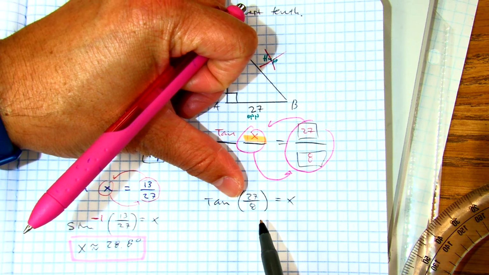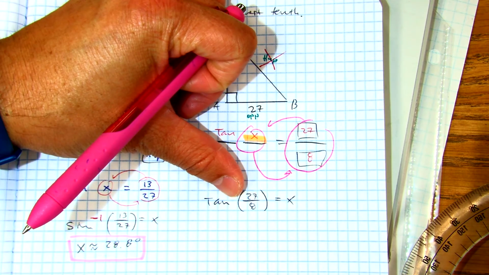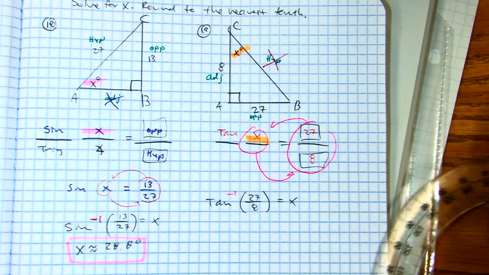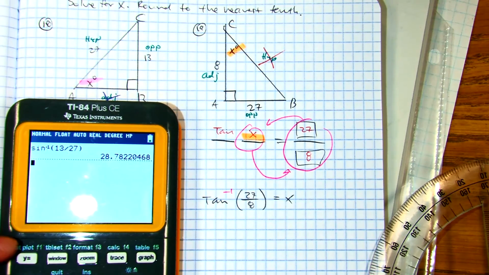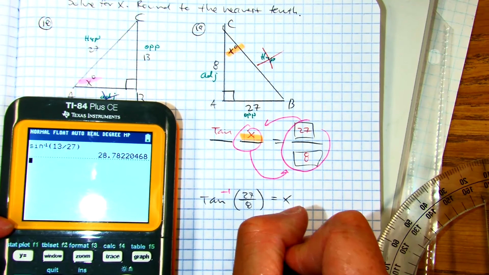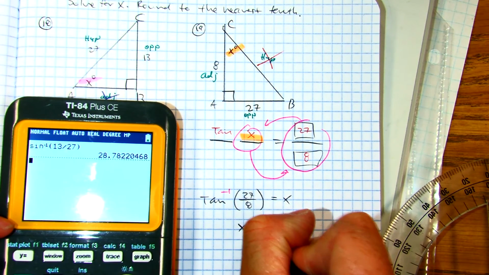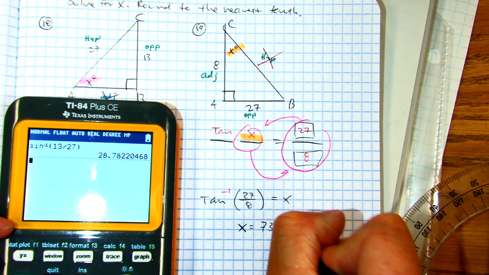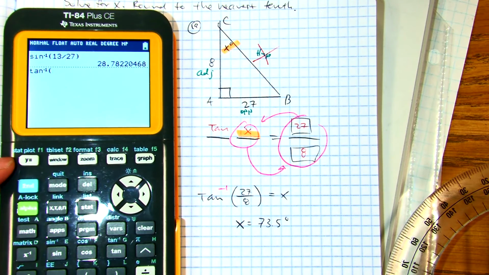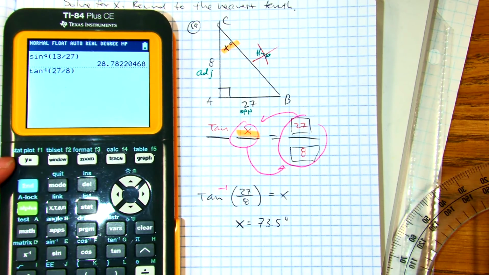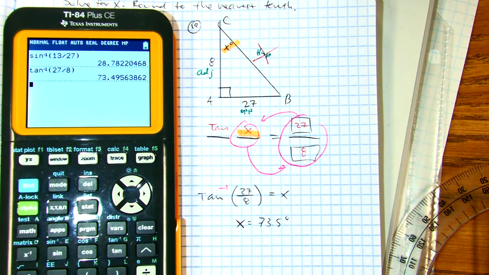Like 0.65 whatever, or 1 point something, right? Put in your calculator. Jocelyn, what did you get for your answer? 73.5. Let's try it. Nice.